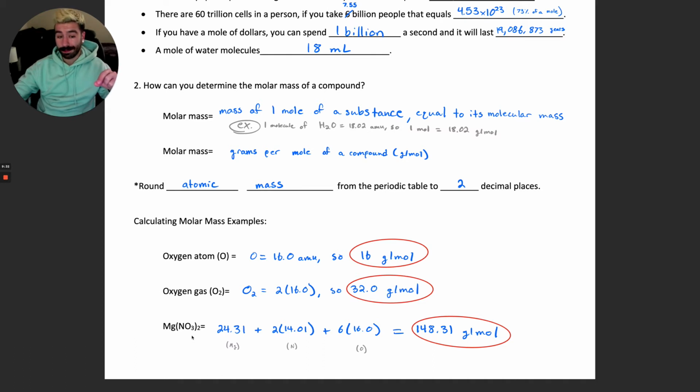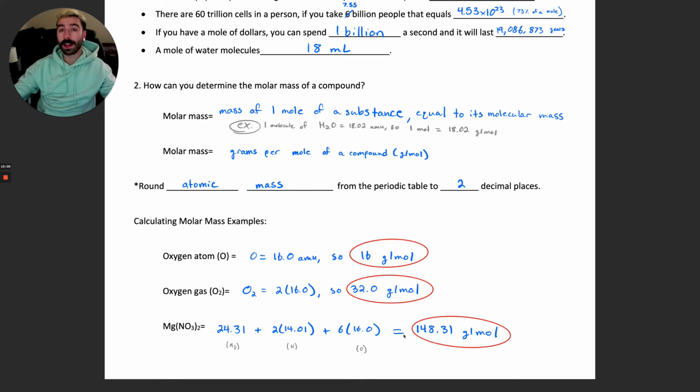Magnesium nitrate here. The way we would calculate this is we'd find magnesium on the table and round it, so 24.31, plus how many nitrogens do we have? We have nitrate twice, so 2 N's, so 2 times 14.01, which is nitrogen, plus 3 oxygens times 2, so 6 oxygens, which are 16.0.